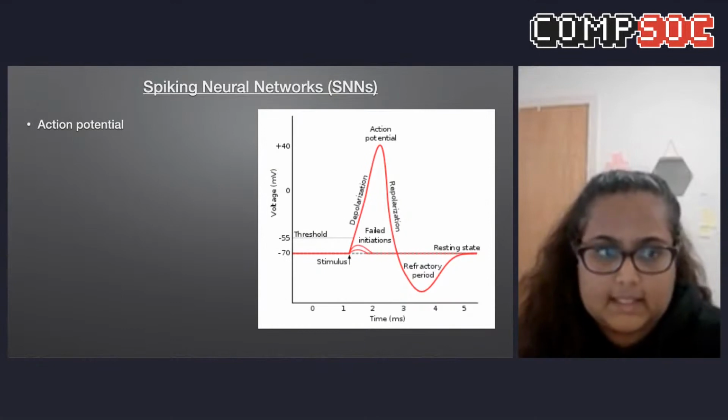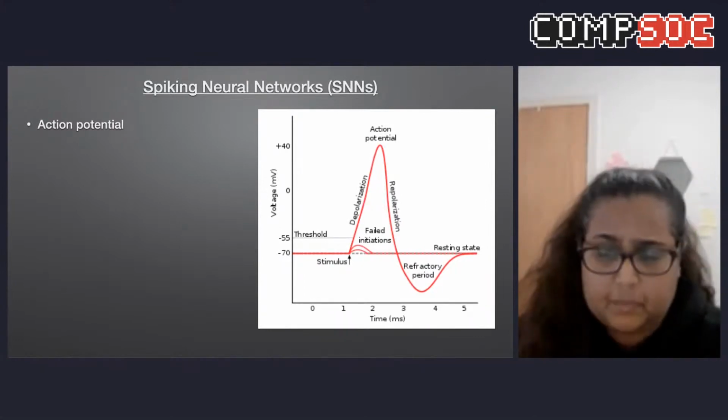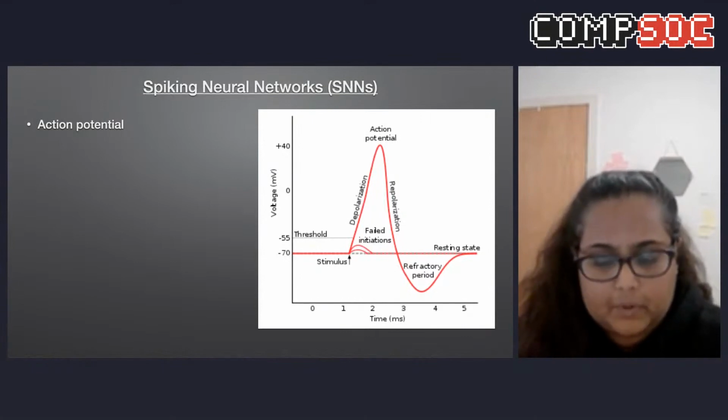The neurons in these networks fire very sparsely and asynchronously, firing a binary signal only when their input reaches a threshold value, which makes their mode of operation discrete, as opposed to a classical neural network, which has a continuous input and output signal.